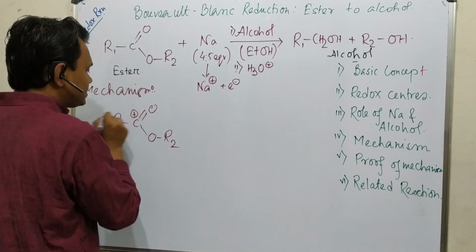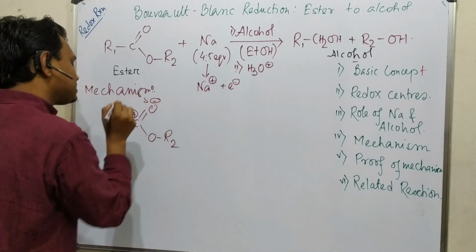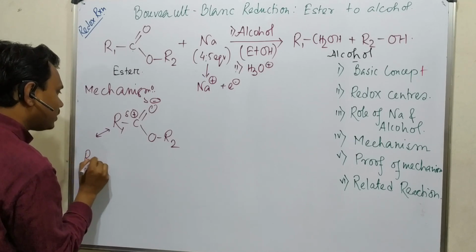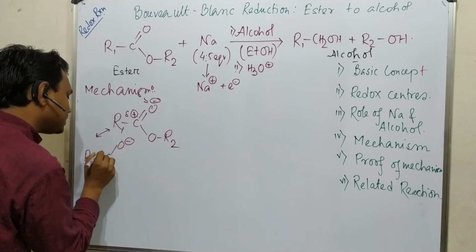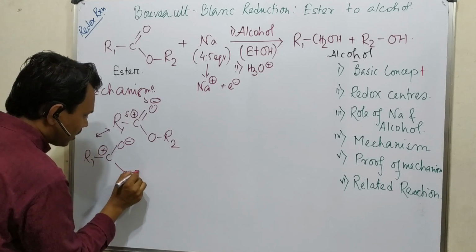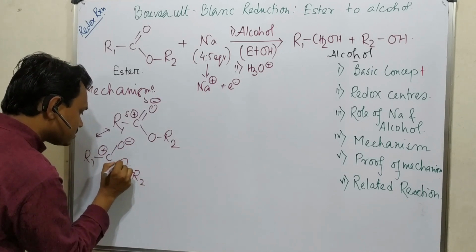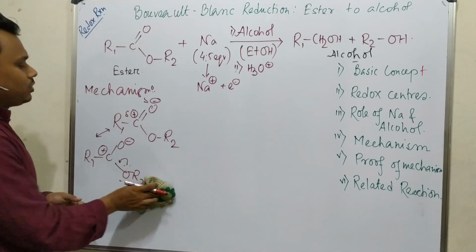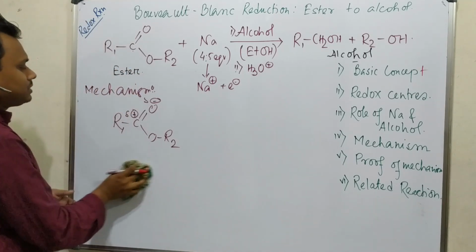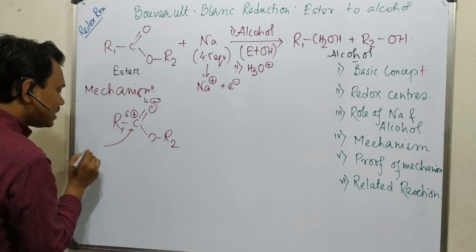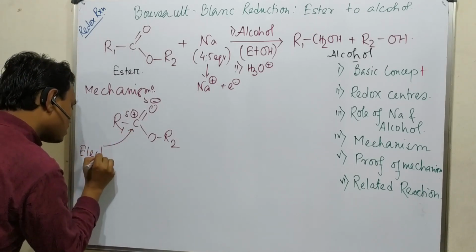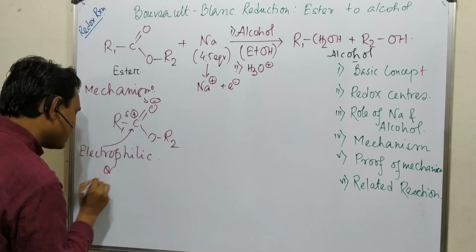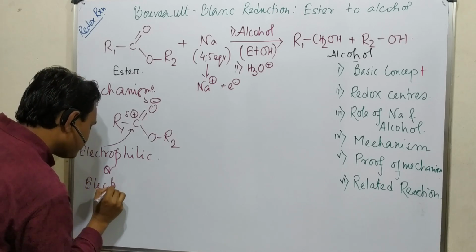You can consider this is delta plus, this is delta minus, or you can know that there is a canonical form, R1 CO minus, carbon plus and OR. Then this oxygen helps and reduces. So in this way this goes on. So what is the summary of this statement? This carbon center is electrophilic, or you can say electron deficient.